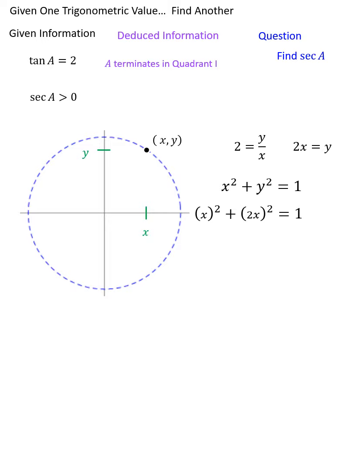And what I've done here is create an equation that I can solve for x. And if I can solve for x, I can solve for y. Not that I'll need to in this particular case, because we're trying to find the secant. More on that in a minute. Watch the algebra here as it unfolds.